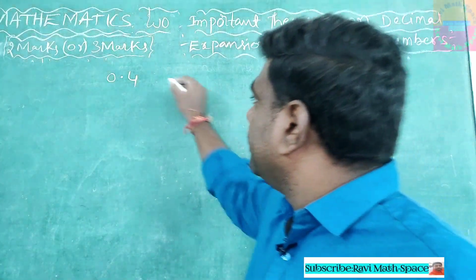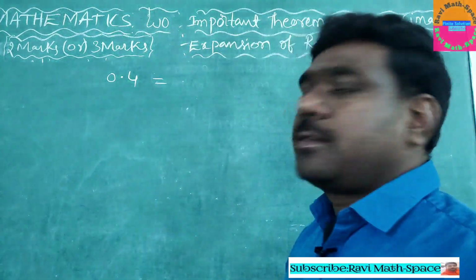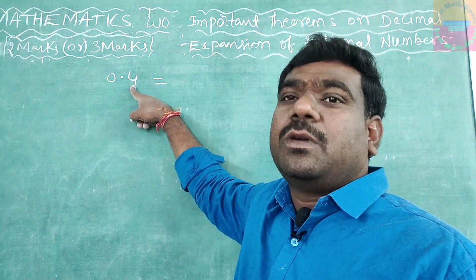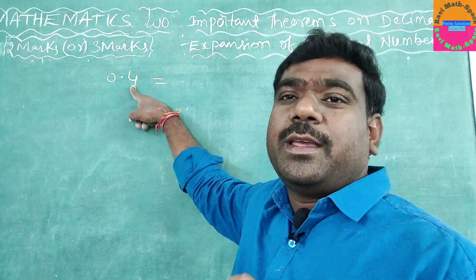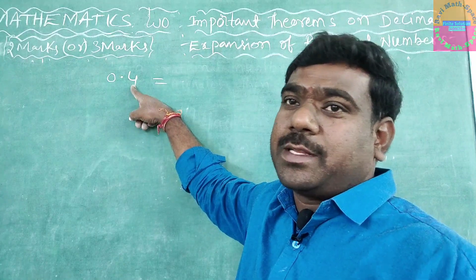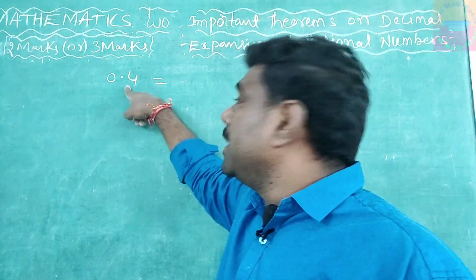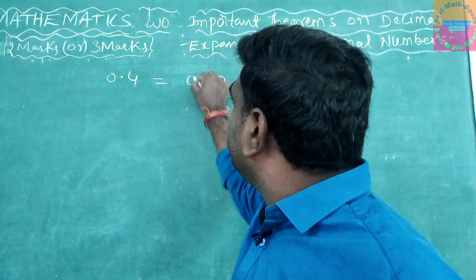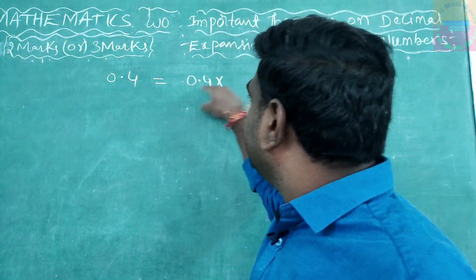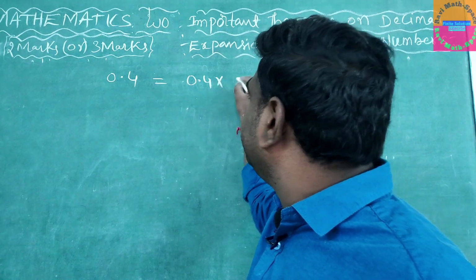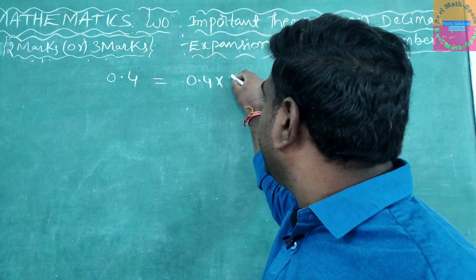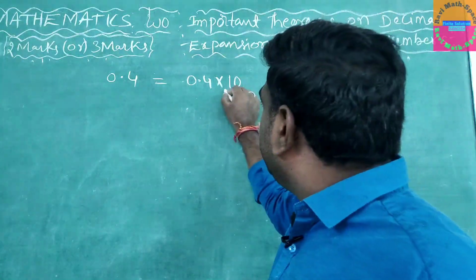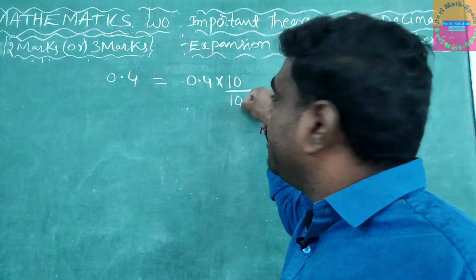How? See here. It is a decimal number, so convert it into a whole number by multiplying by a suitable number. In this decimal number we have only one decimal place, so we should multiply the numerator by 10. The denominator also 10, for an equivalent fraction.